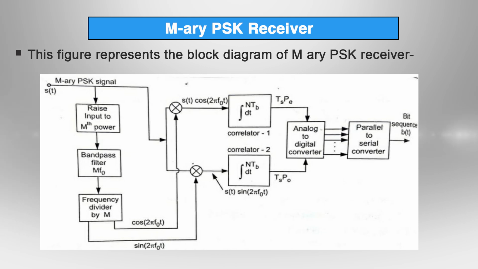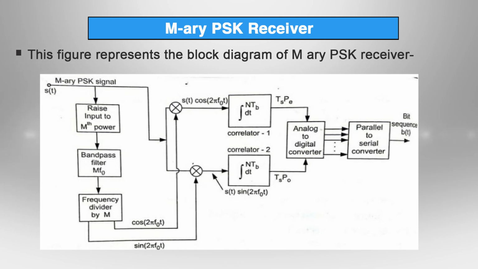This signal is applied to a band pass filter having a center frequency of m times f naught, and it will allow the frequency from m f naught minus f c to m f naught plus f c, and the rest of the frequency terms will be rejected.